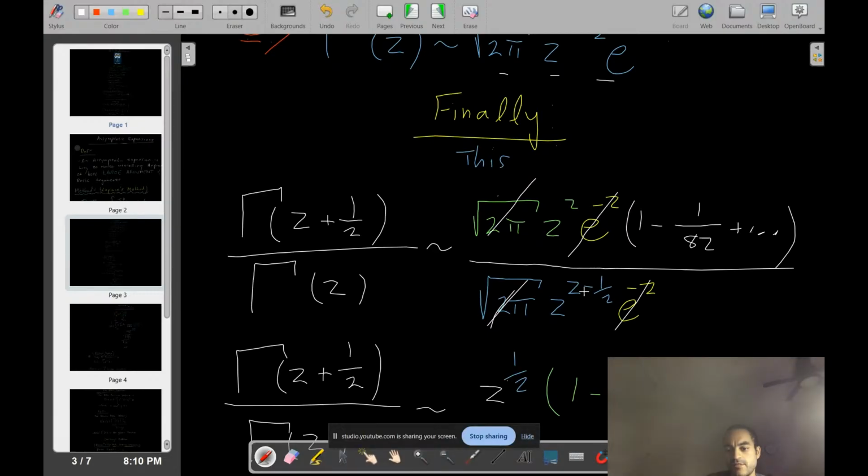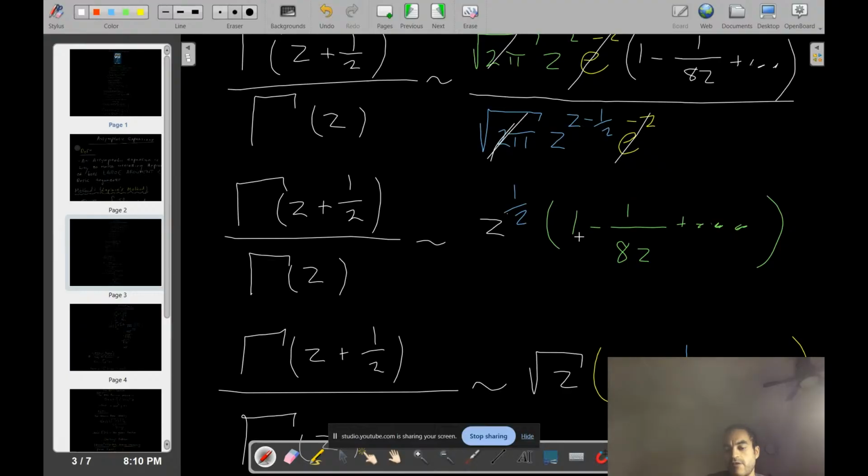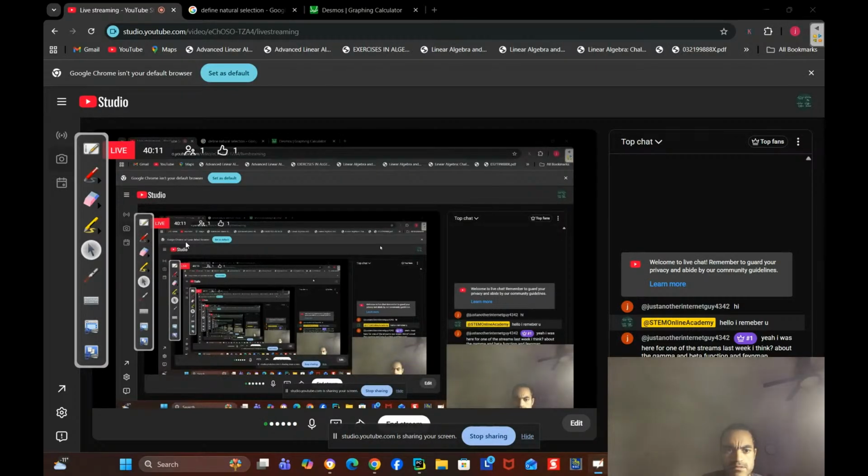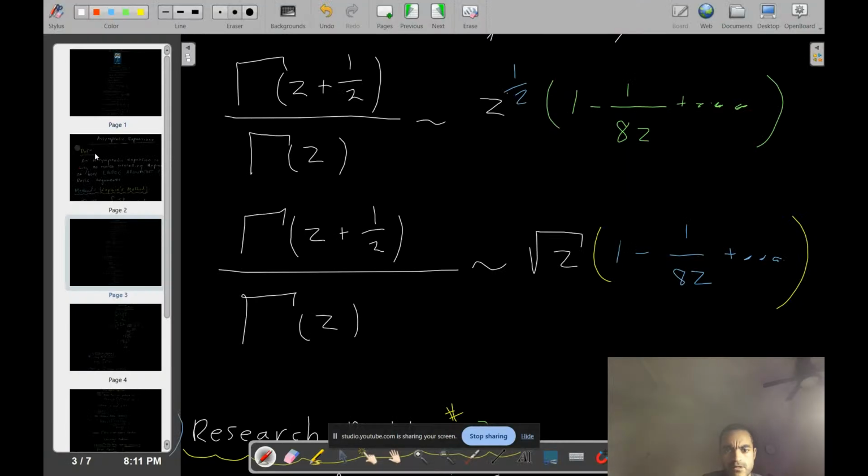You're just left with z to the negative 1/2, bring it upstairs, becomes positive z to the 1/2, parentheses 1 minus 1 over 8z plus dot, dot, dot, and then you just get root z times 1 minus 1 over 8z. Okay, so I've written it on the board so you guys can see it. Let me know if the algebra is an issue, please. Okay, it's not an issue.